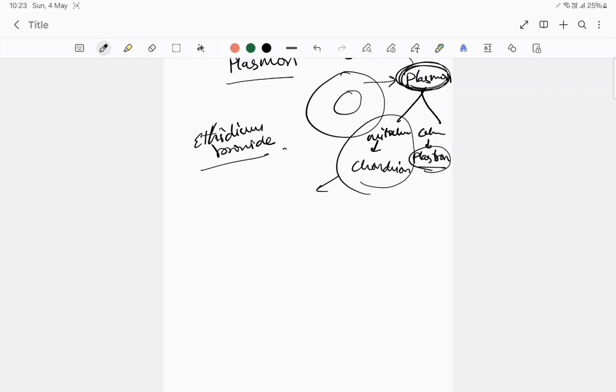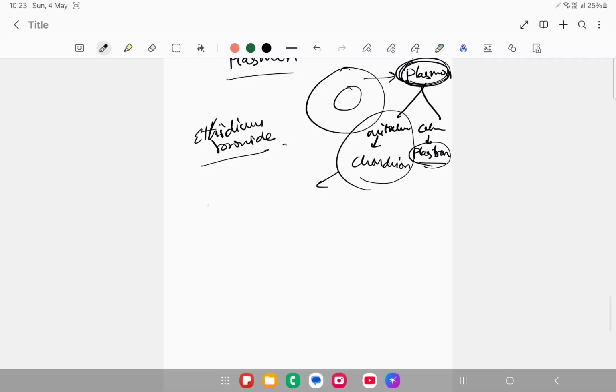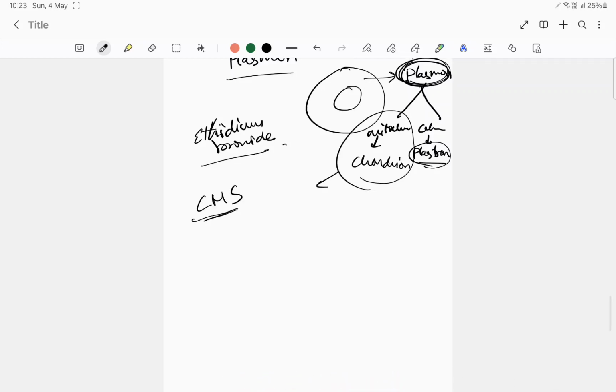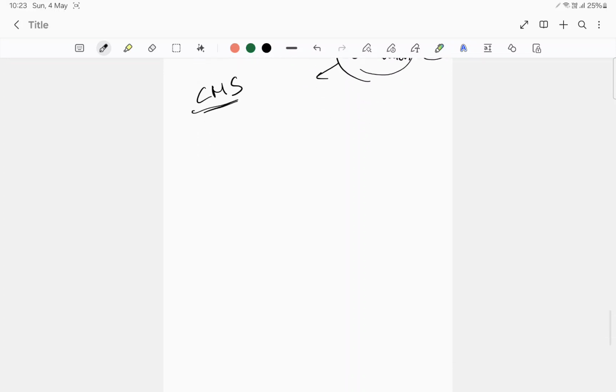Now we'll discuss examples of mitochondrial inheritance. For example, cytoplasmic male sterility is an example of mitochondrial cytoplasmic inheritance. In humans, there is a disease, LHON, which is called Leber's hereditary optic neuropathy, and Pearson's bone marrow pancreas syndrome, which are due to mutations in mitochondrial DNA.